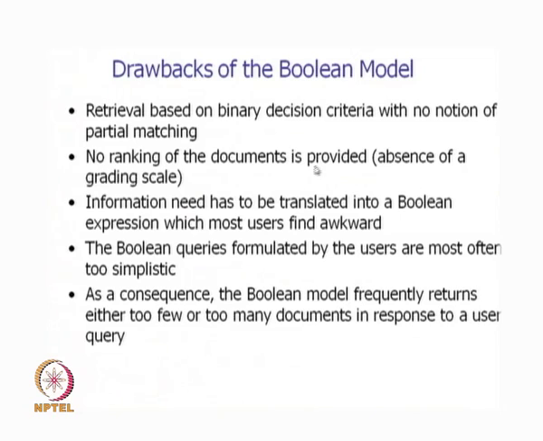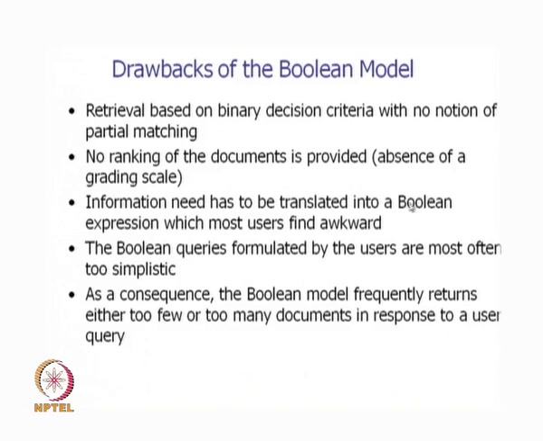No ranking of the documents is provided. So, there is no graded scale with respect to the ranking. That means, the documents are either similar or dissimilar to the query, because whatever is present in the query must be present in the document, whatever is absent must be absent in the document. So, this is another drawback.